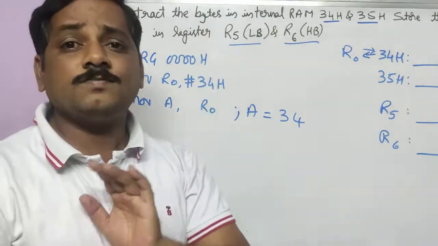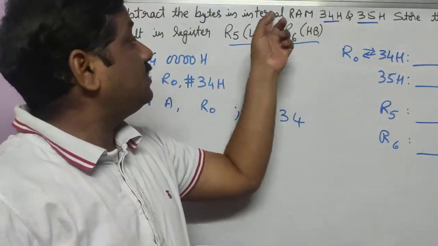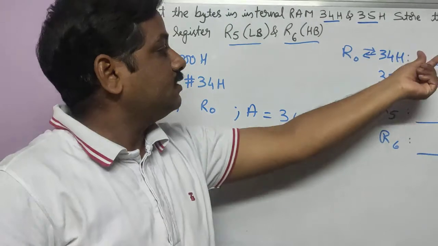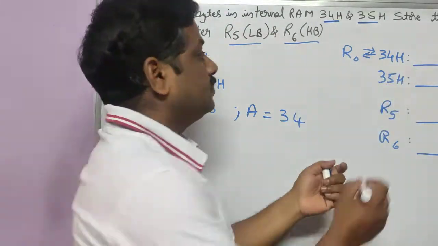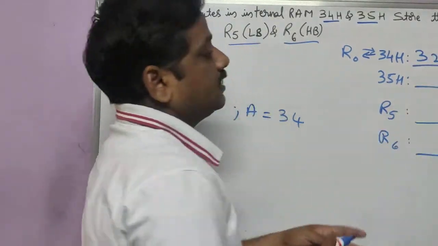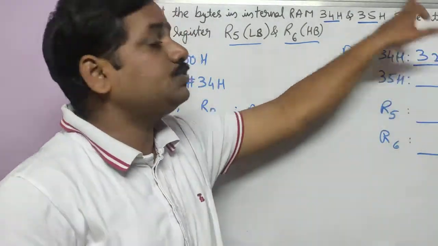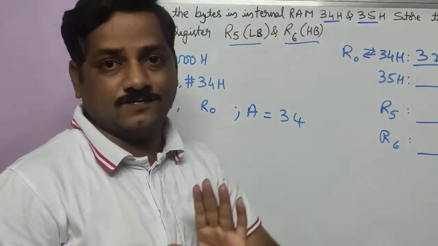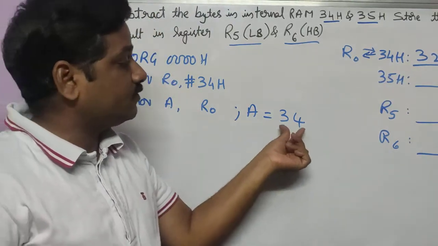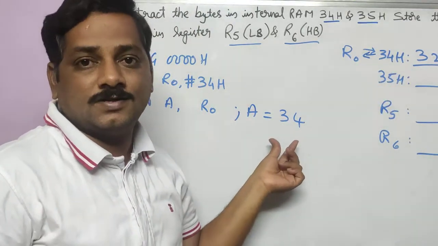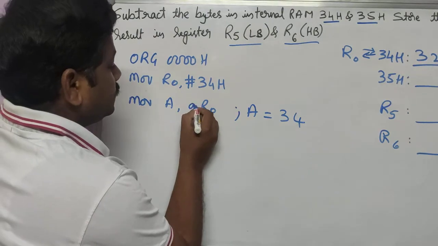In the question it is clearly mentioned that the data is stored at 34, right? So here you should give some input. Let me give 32. That is the data. I want this in the accumulator. I don't want 34, because if you write it like this, you get the address into the accumulator. So you should write it like this.